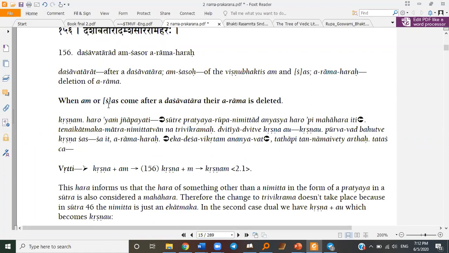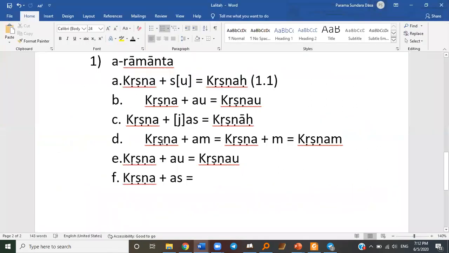Tatra jata samapa itaha, umshta samasa ushtade. So here, this will be deleted by this sutra, Dashavatara amshasora ramahara, and it will be combined: Krishnas. Then sutra Sararamayo Vishnu Sarga Vishnu Vedante, Krishna.